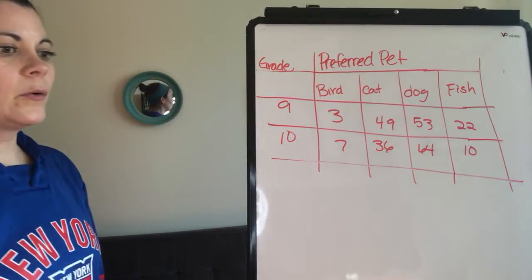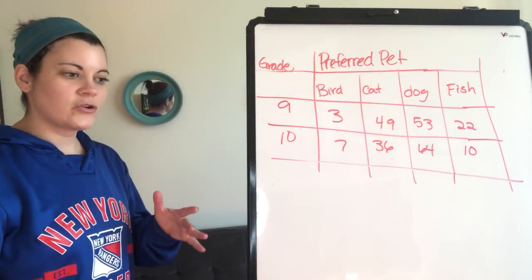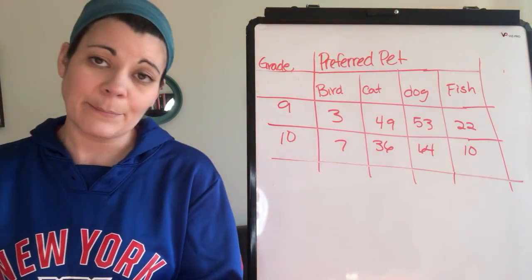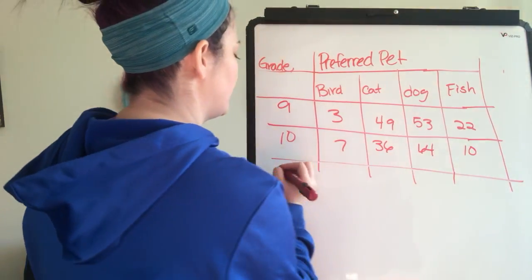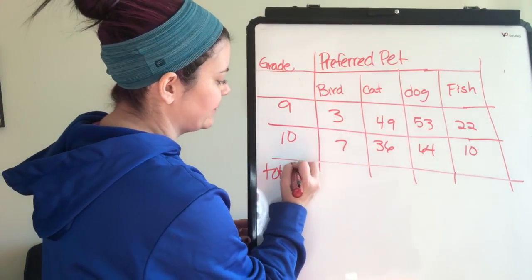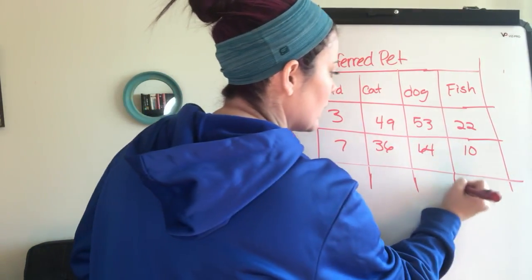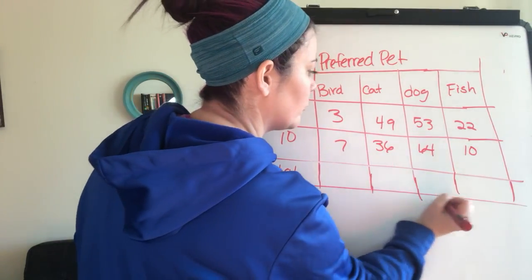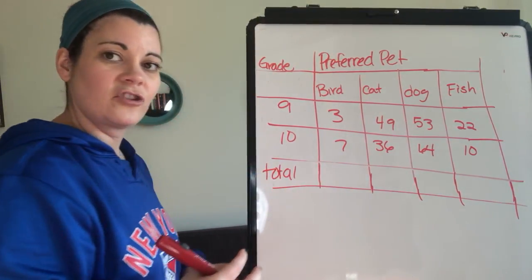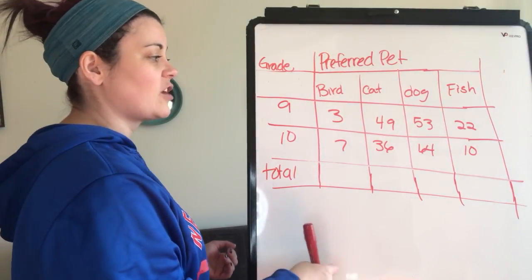It asks what is the marginal frequency of each type of pet. So we're not doing it for each grade, we're doing it for each type of pet. That means we're going to do a column or a row down here. We're going to find the total. The marginal frequency is just adding up the totals for each type of pet.